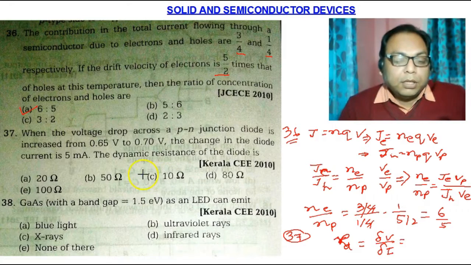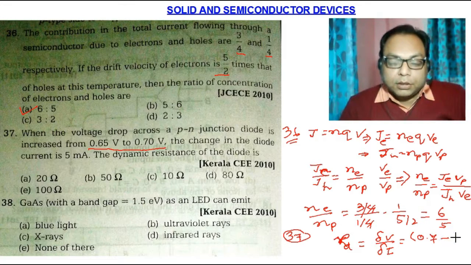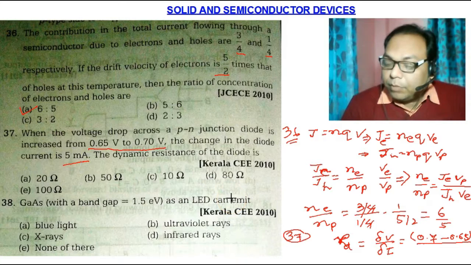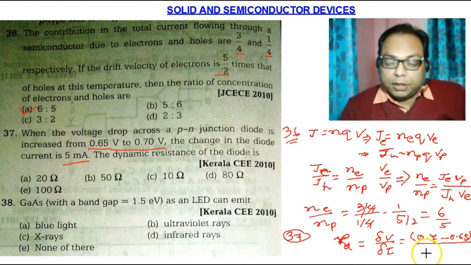Del V is the change from 0.65 volt to 0.70 volt. So we can calculate del V: 0.7 minus 0.65 volt divided by the current, 5 milliampere. 5 milliampere means 5 into 10 to the power minus 3.